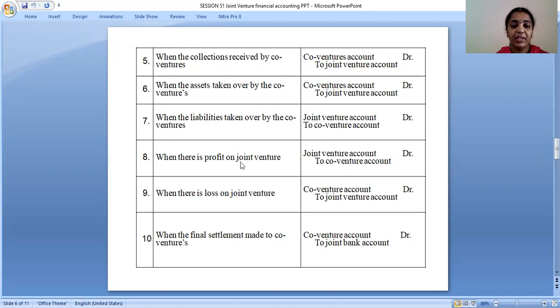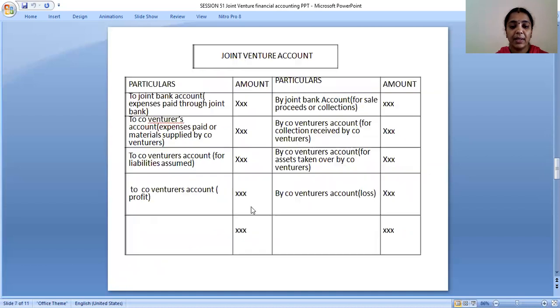When there is a profit on joint venture, joint venture account debit to co-venturers account. When there is a loss, this will be reversed: co-venturers account debit to joint venture account. For the final settlement, co-venturers account debit to joint bank account. So these are the journal entries while preparing joint venture account.